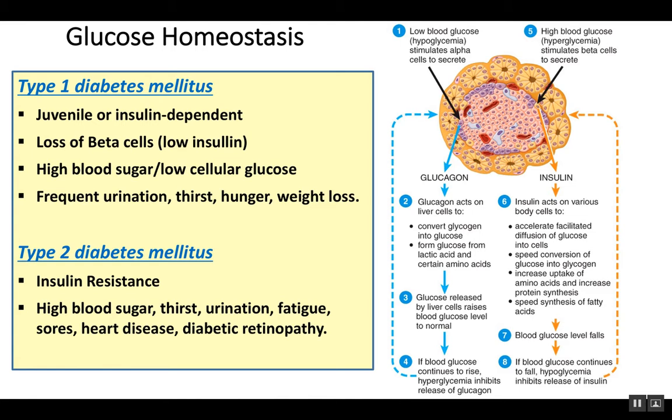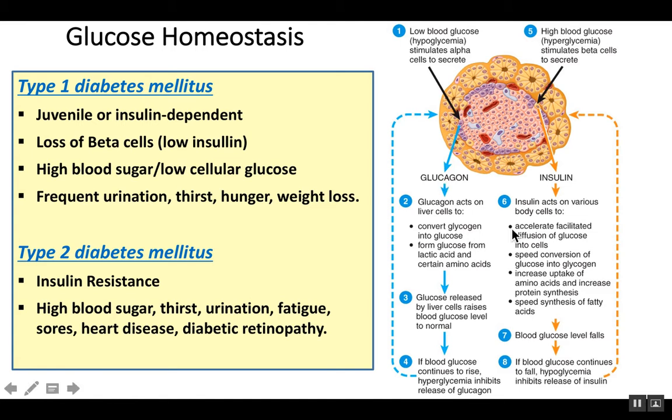Once we understand that, we can better understand diabetes mellitus. On the right, we have a fancy figure going over what we just did on the previous slide, just depicted a little differently. Here on this side, it talks about low blood sugar stimulating glucagon production from alpha cells.